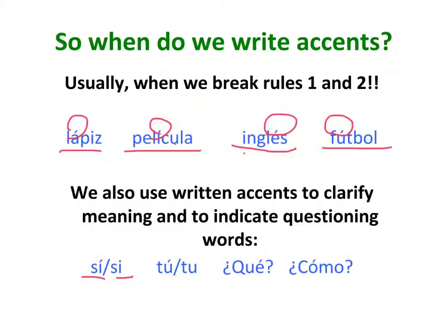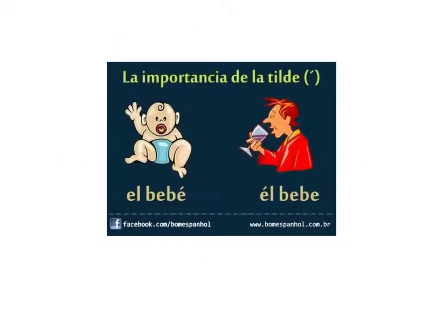Si without an accent means if. We have tú and tu for you and your. And hopefully you've noticed by now that questioning words in a question get an accent mark, as in qué, cómo, cuándo, dónde, etc.